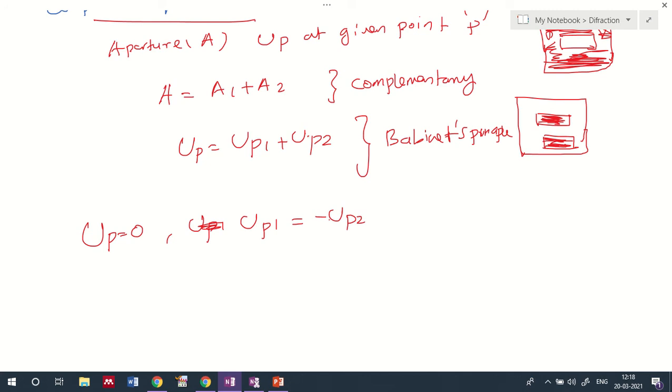So the intensity at P, being equal to the absolute square of the optical disturbance, is therefore the same for the two apertures. This is for a collimated beam of light, like a searchlight. The condition UP equals 0 is valid for those points P not in the direct beam.